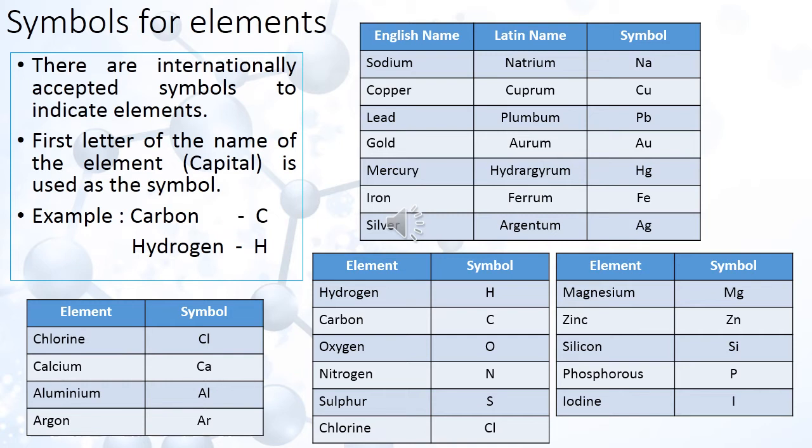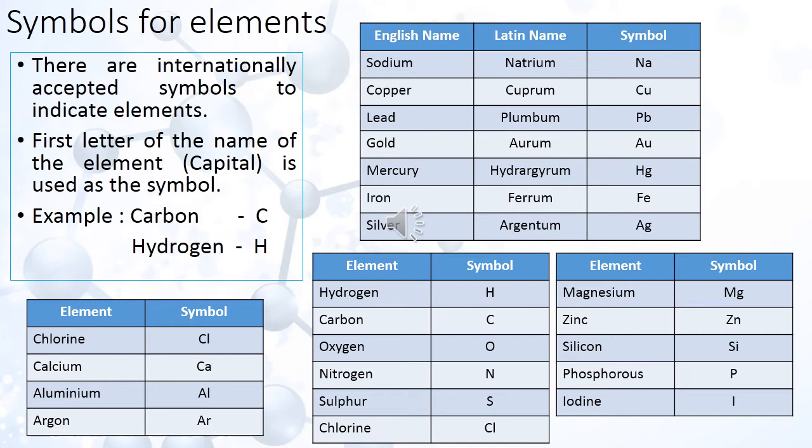So, I told you there are more than 120 elements we have found. At that time, when we are giving the names and symbols for these things, it is a little bit difficult. Therefore, sometimes we are using the Latin name to give the symbol.